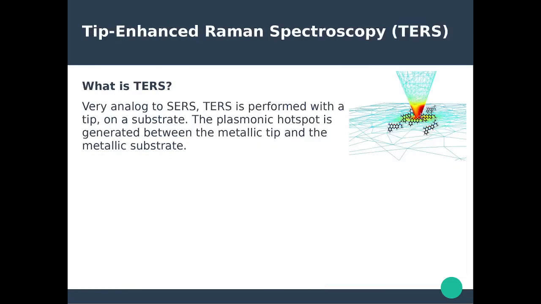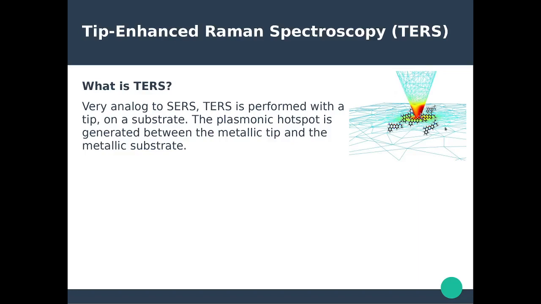Raman spectroscopy, or TERS. So what is TERS? Well, it's very analogous to SERS, but instead of performing the Raman spectroscopy enhancement with any random plasmonic structure, we use a tip. It's typically a metallic tip, which is brought into close proximity to a substrate.